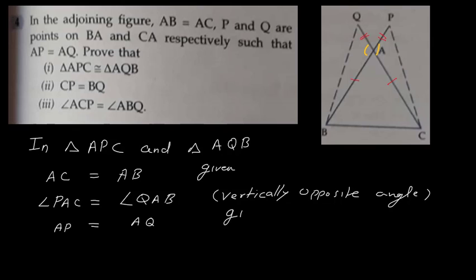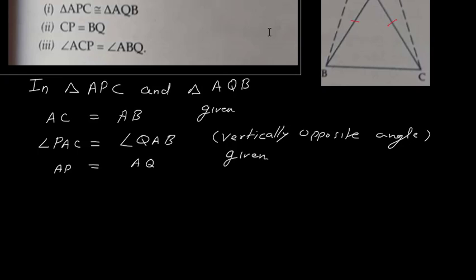This is also given. Therefore, we will say triangle APC is congruent to triangle AQB, and the criteria is side angle side criteria.